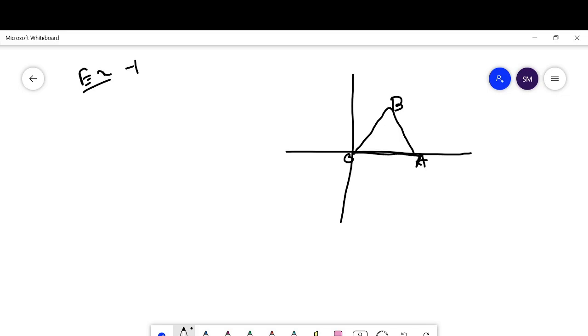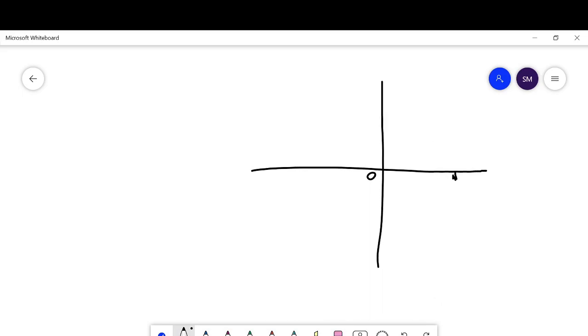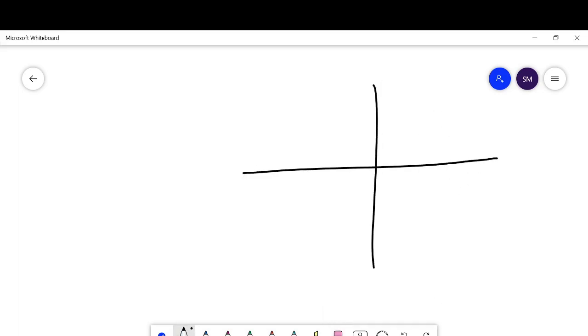Sorry students, please look at here. Suppose this is the origin and this is the point A, and here this is an equilateral triangle OBA of side length 2a.